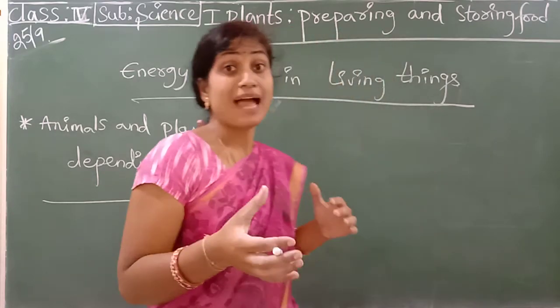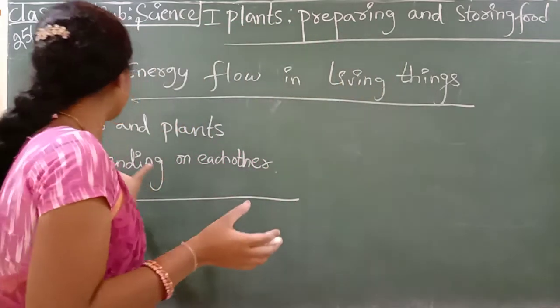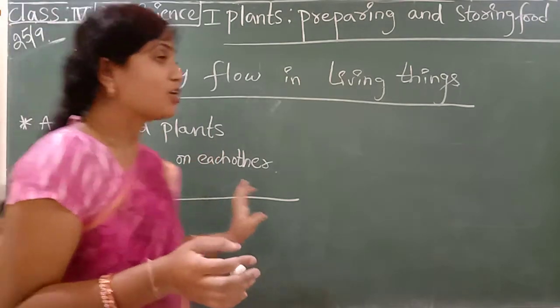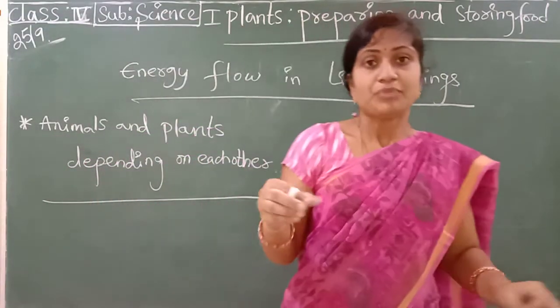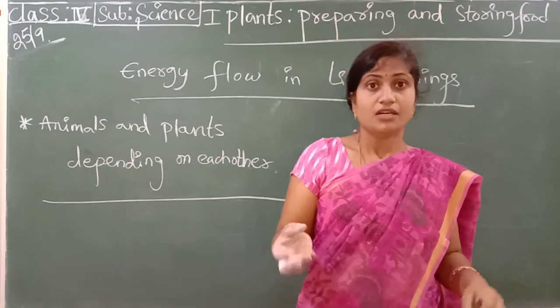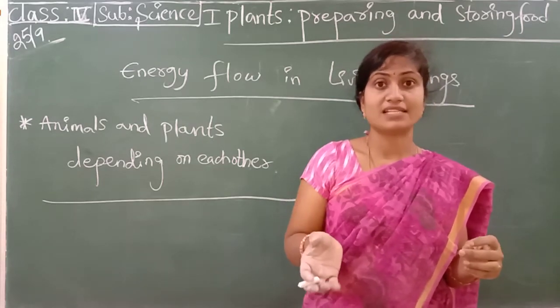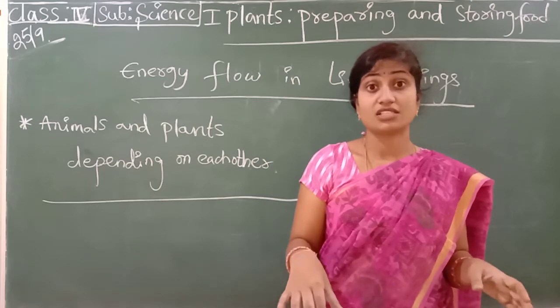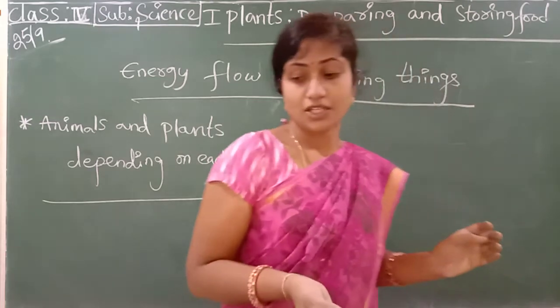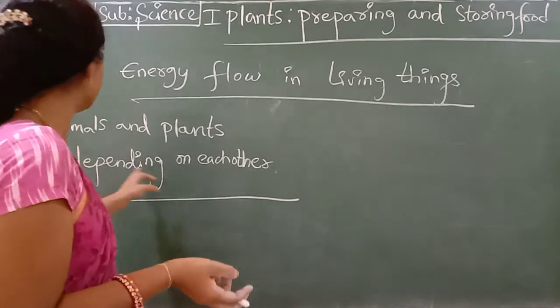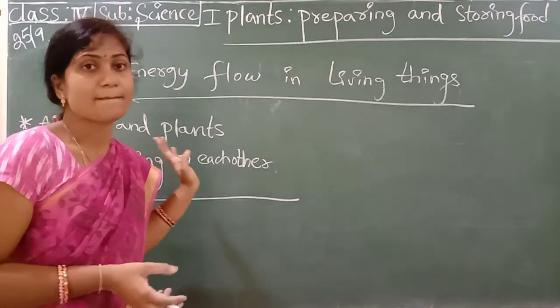So this balance is very important. We have to improve the plants. We plant more and more plants, then only we get fresh oxygen. Like that, plants and animals depend on each other.